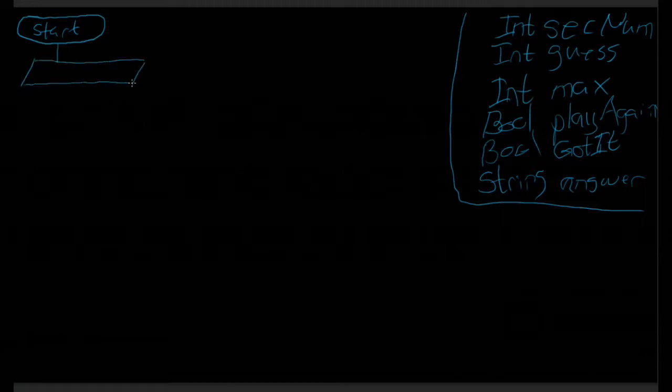So here's an input-output box, and I'm just going to say question mark, the ugly question mark, and max. So we're going to ask the user what max is going to be, and then we're going to assign that to max.